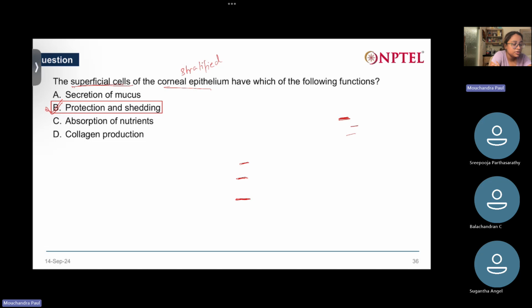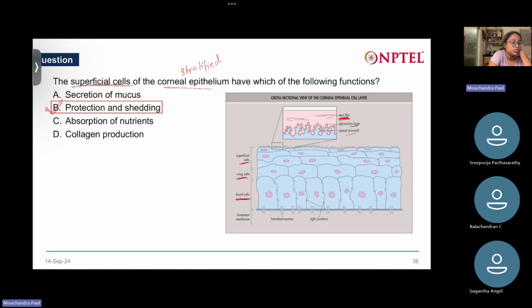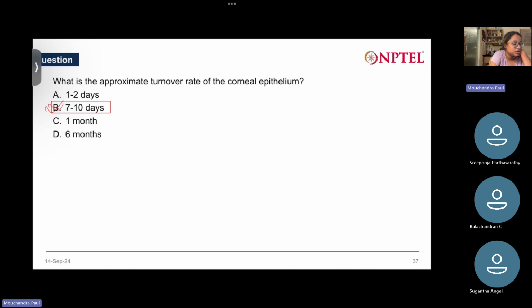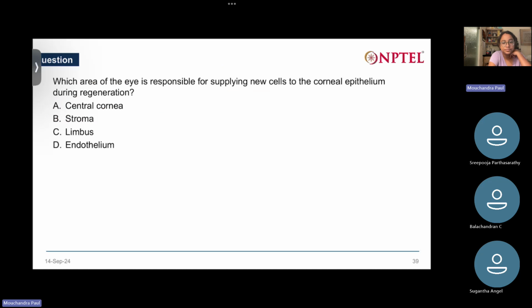So through this tear film, the oxygen from the air and the nutrients can diffuse into the eye, and whatever the nutrient requirements are, they get fulfilled. So it's through the tear film that the corneal epithelium can absorb nutrients and oxygen.